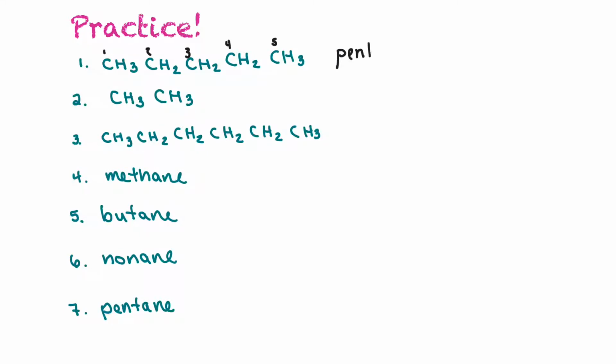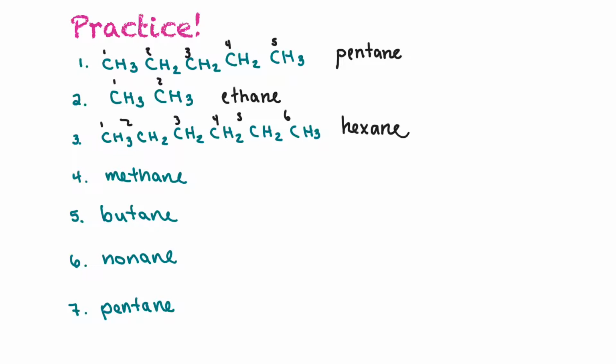So this is pentane. The next one, there's just 1, 2. This is actually the one we drew, so that's ethane. The next one is 1, 2, 3, 4, 5, 6. So that's hexane.